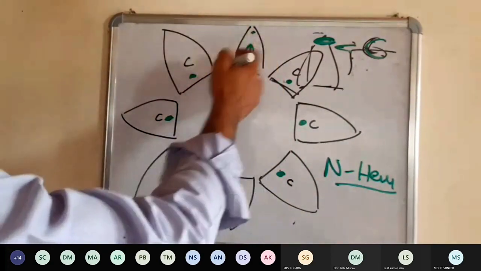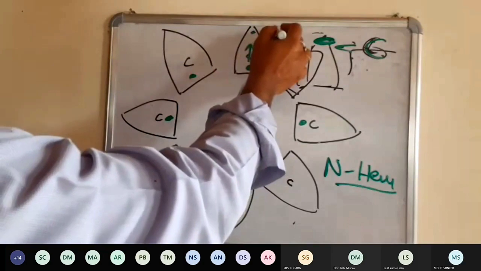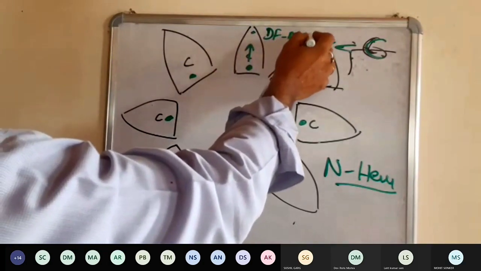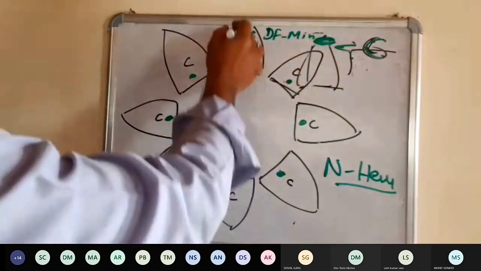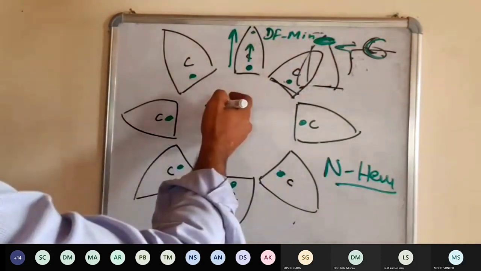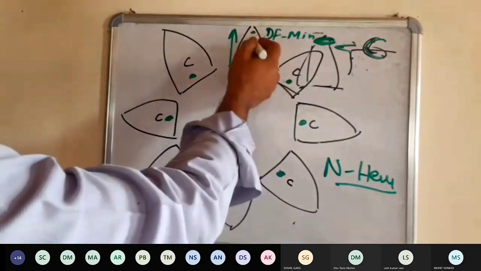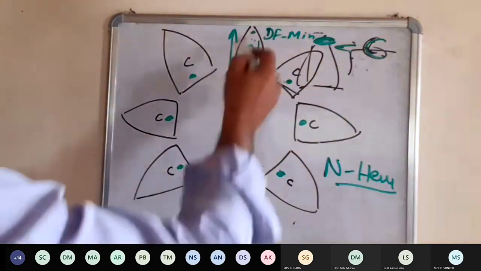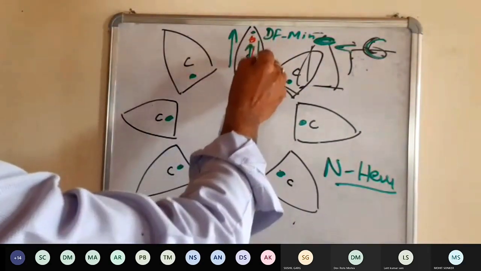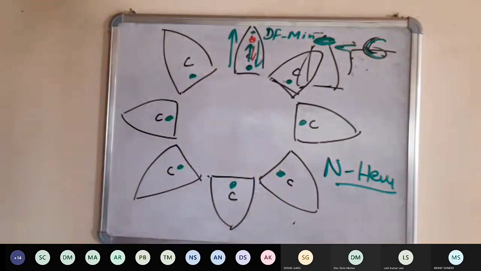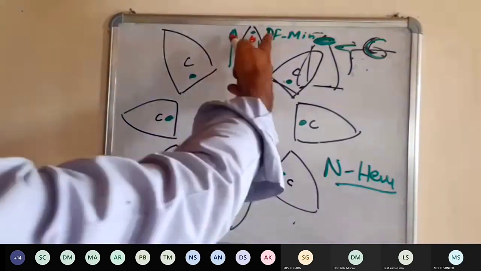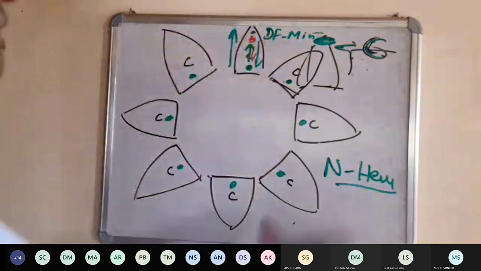So it is going to be minimum. DF is minimum here. Correct? Because the earth's magnetic field is like this and its magnetic field will be opposite, from red to the blue, correct? So DF should be minimum. Is that correct?